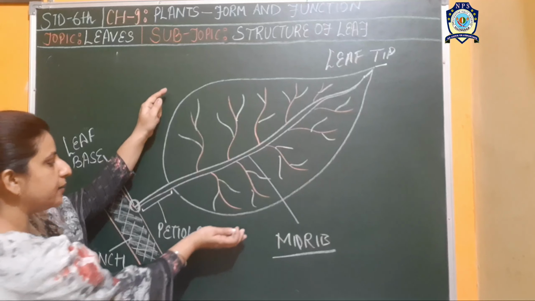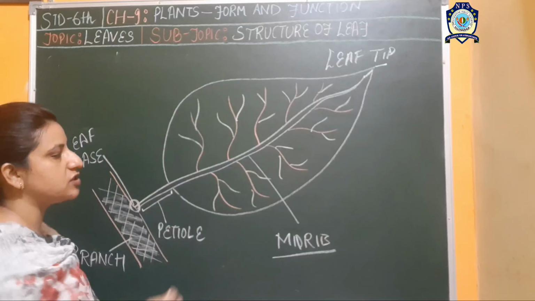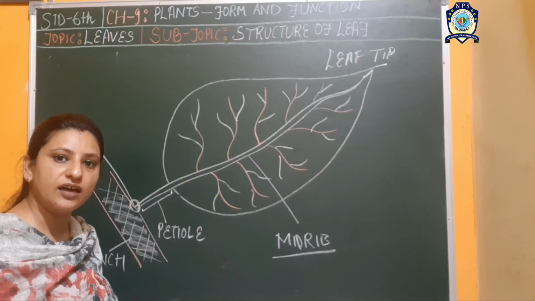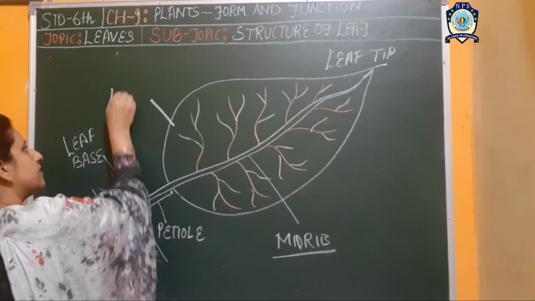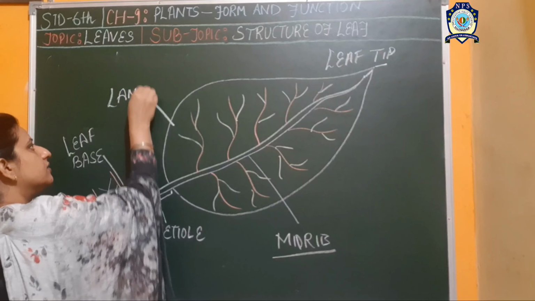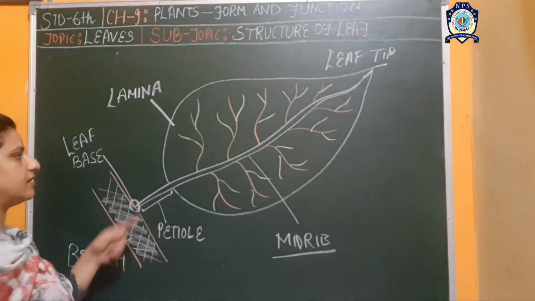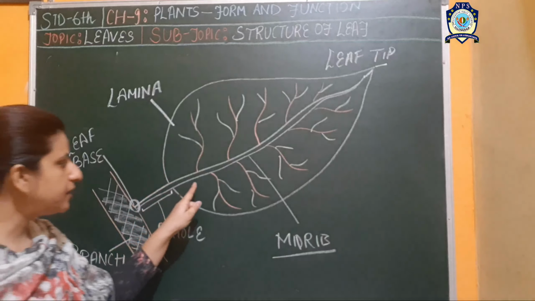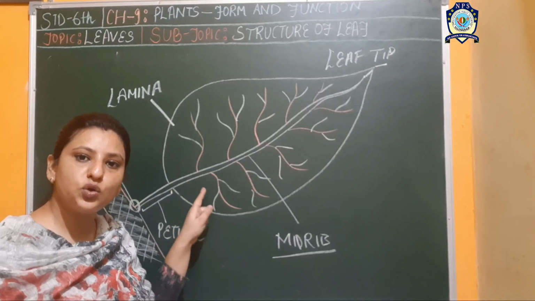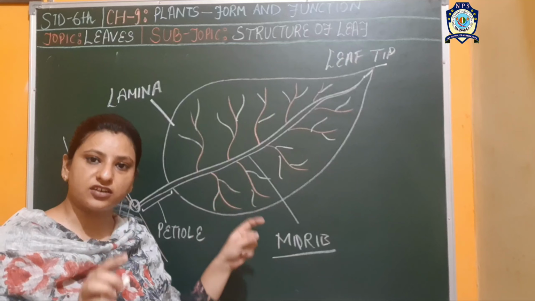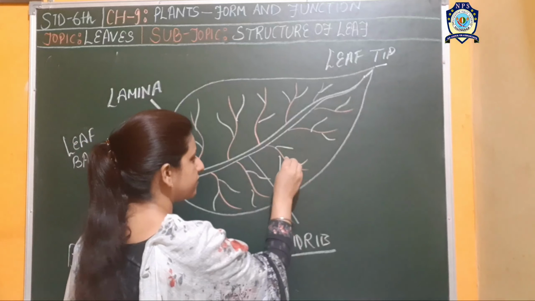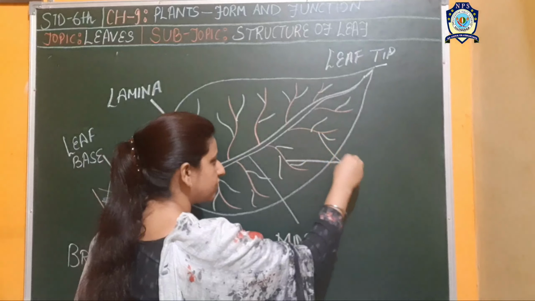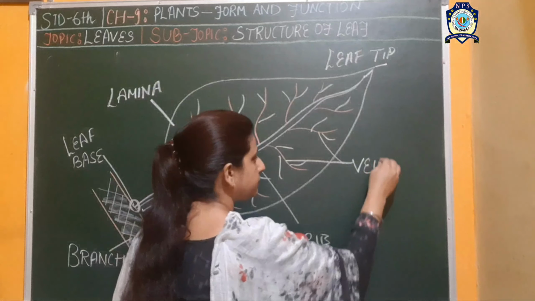Now the broader part which is almost green in color, that part is called as lamina. This is the lamina. And this midrib get divided into number of thread-like structures which are called as the veins.